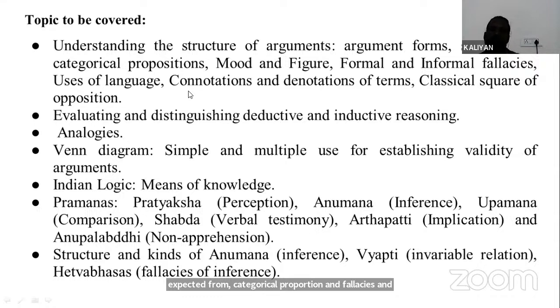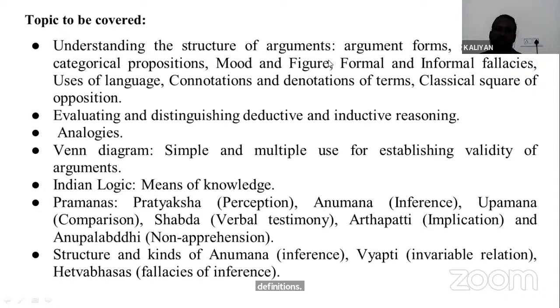This is very important: the Indian knowledge system, classical square of opposition, and types of fallacies and definitions. I hope I gave some basic understanding of the logical reasoning units.